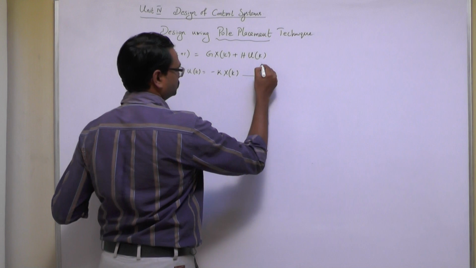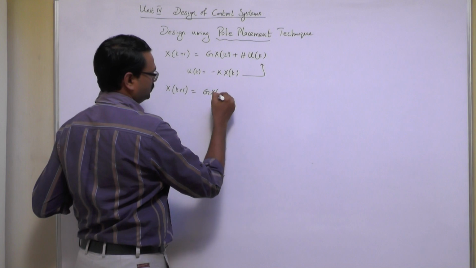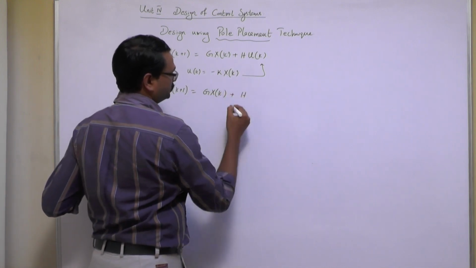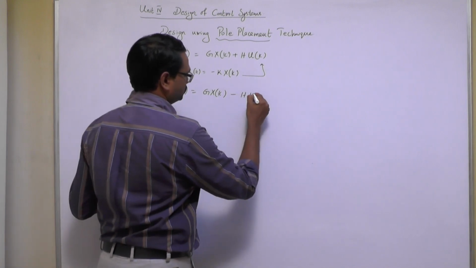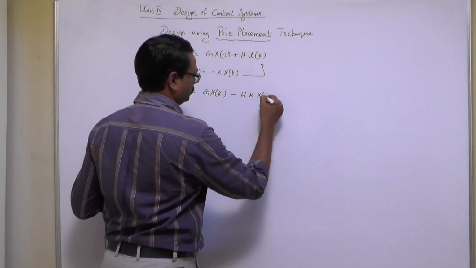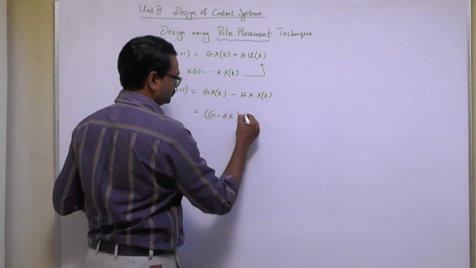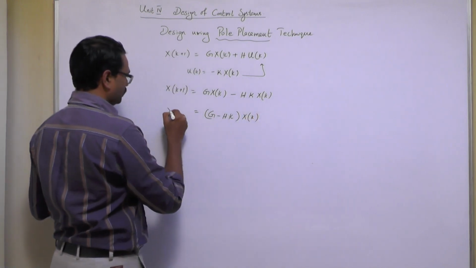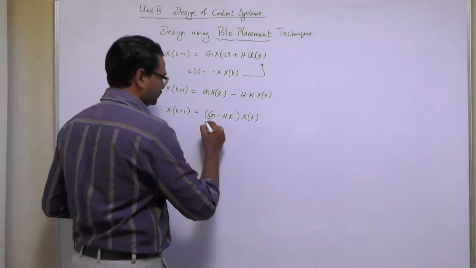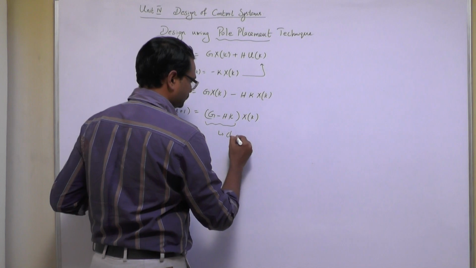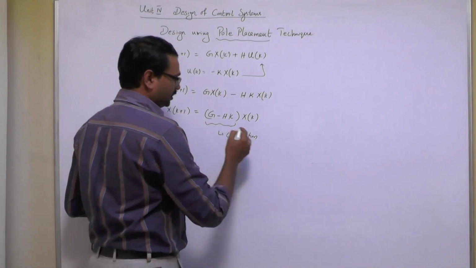Now when I substitute this here, x of k plus 1 is equal to g x of k plus h into minus k x of k. Therefore, x of k plus 1 is equal to g minus hk times x of k. Now g minus hk gives the characteristic equation. The characteristic equation can be obtained from this g minus hk.